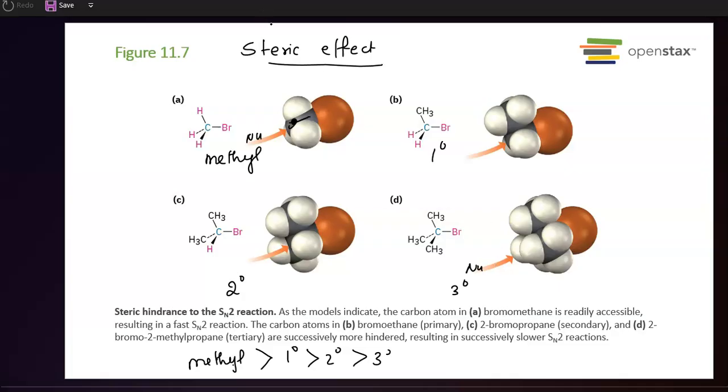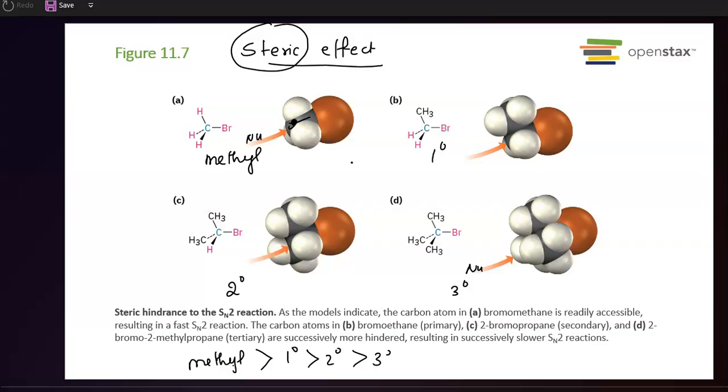So sterics plays a big role in the rate of the reaction. We prefer that SN2 reactions be conducted using a methyl or a primary. Secondary is okay, but tertiary are very, very slow.